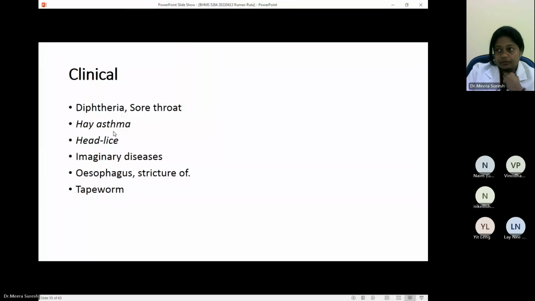Hay fever, asthma, that acute allergy: a person who is having allergy goes into an area where there is mostly pollen grains, the spring season, and then immediately the allergic symptoms come out, the coryza coming out, like what we learned in Allium cepa. Sabadilla is another remedy.